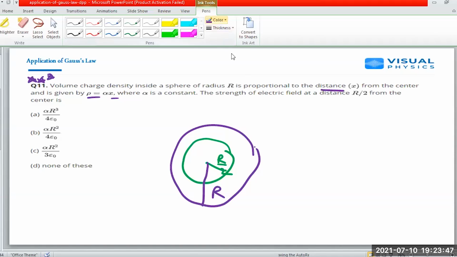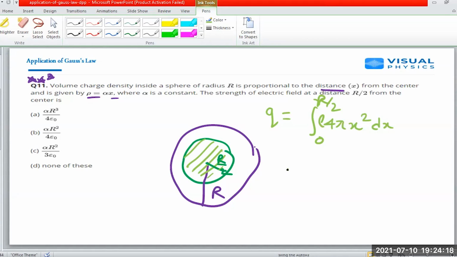I have to calculate the charge inside this green sphere. So the charge q is equal to an integration from the center to radius r by 2. Taking variable x, it is 4 pi x square dx, and rho, the volume charge density, into the volume.